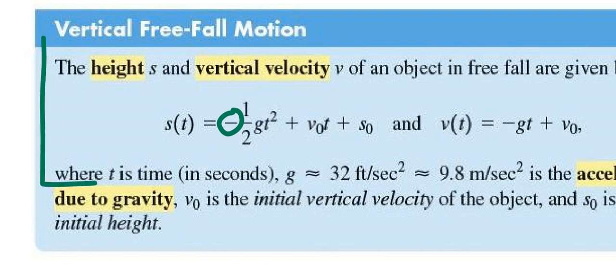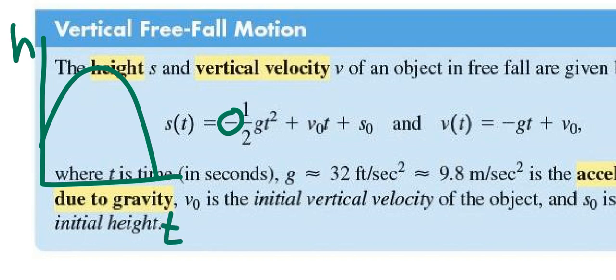Okay, when we start thinking about these gravity problems and they're launching objects up in the air, that's not the flight path of the object. It's the relationship between time and height. We could throw this thing straight up and have it come straight down, and we would get the same looking picture.